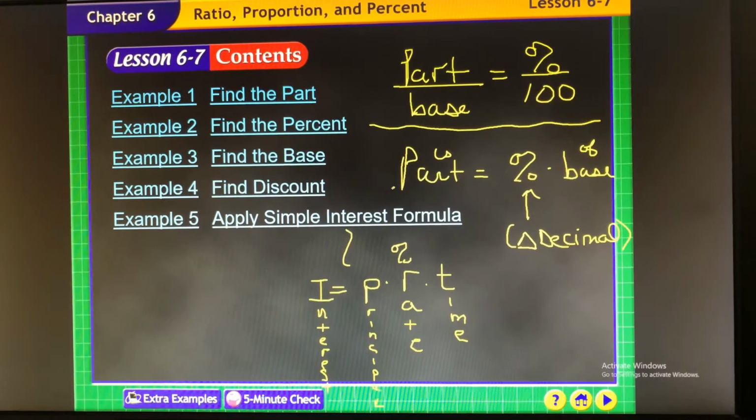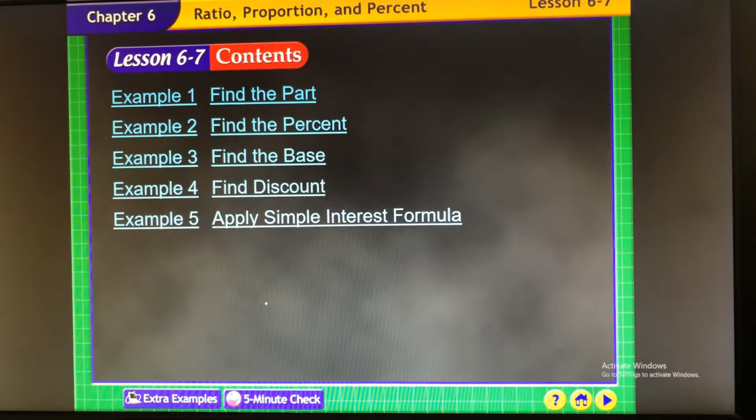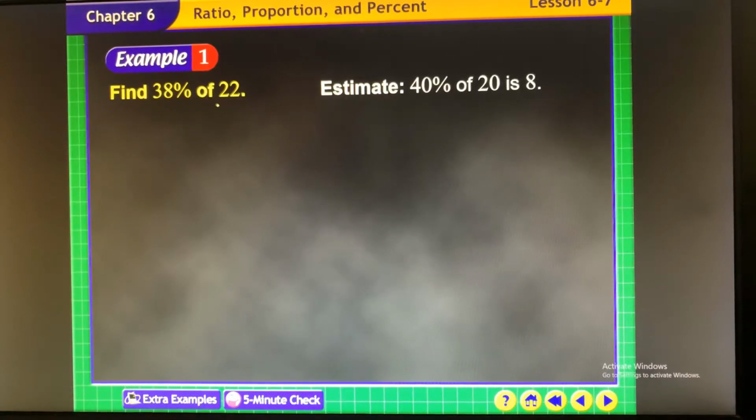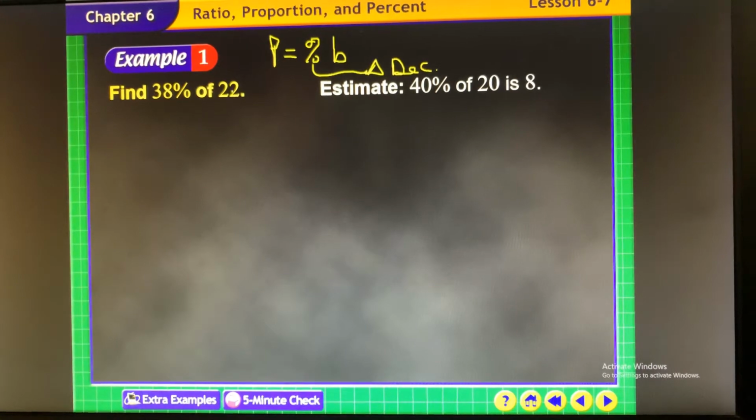So here are your 2 major formulas that you're going to use, okay? So see, it's the same kind of problem that we were doing before, but this time, remember, we're doing part equals percent times base. And don't forget, you have to change this to a decimal, okay? So, and remember, this is is and this is of. 38% of 22.